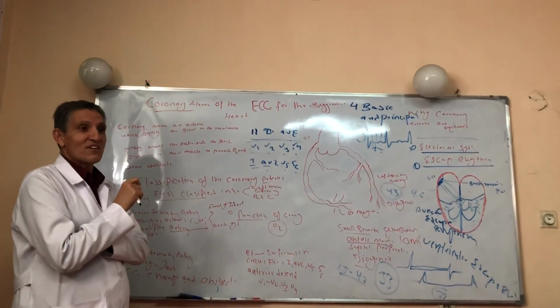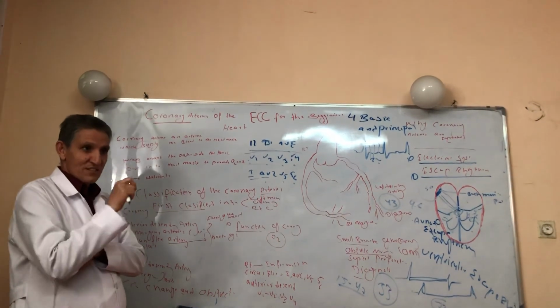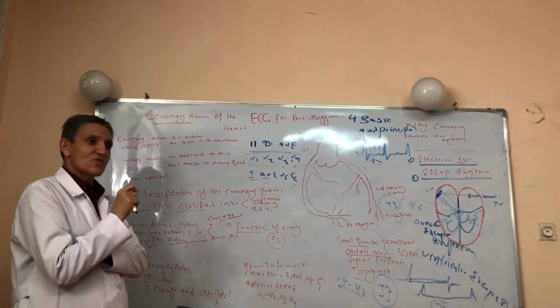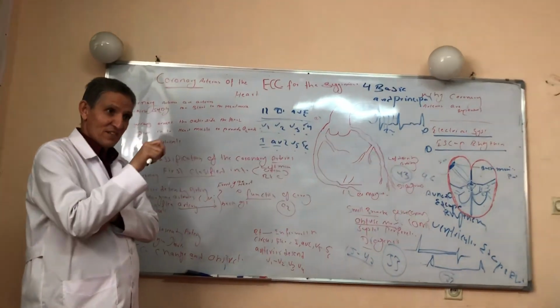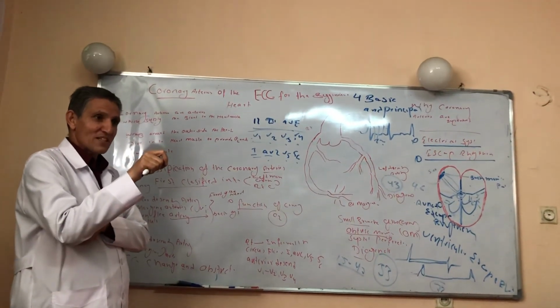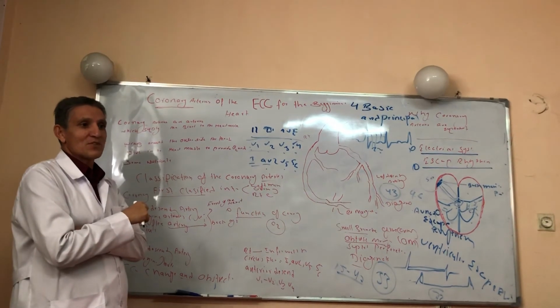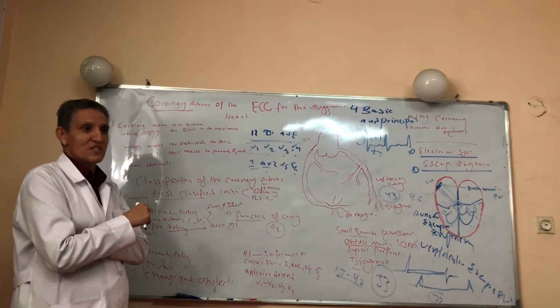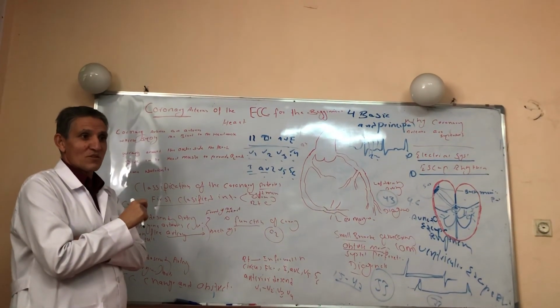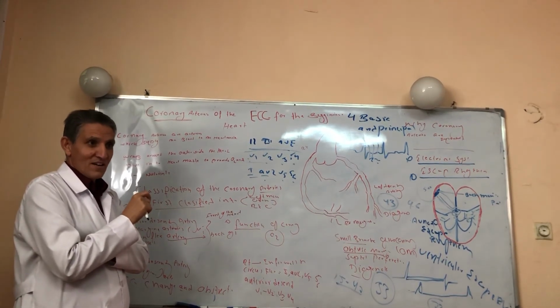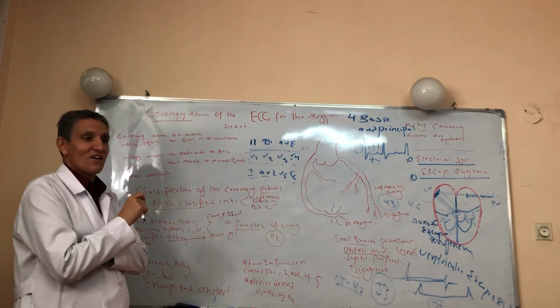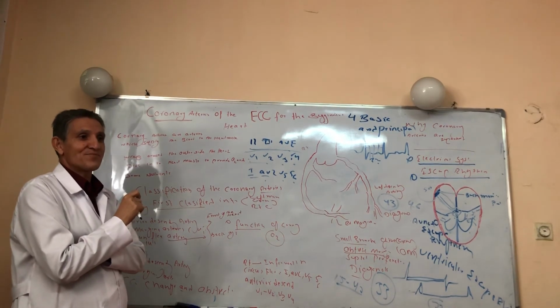These coronary arteries wrap around the outer surface of the heart. Finally, they divide into very small branches which dive into the heart muscle and provide oxygen and nutrients for the cardiac tissues. That is why the coronary artery is very important for the heart.